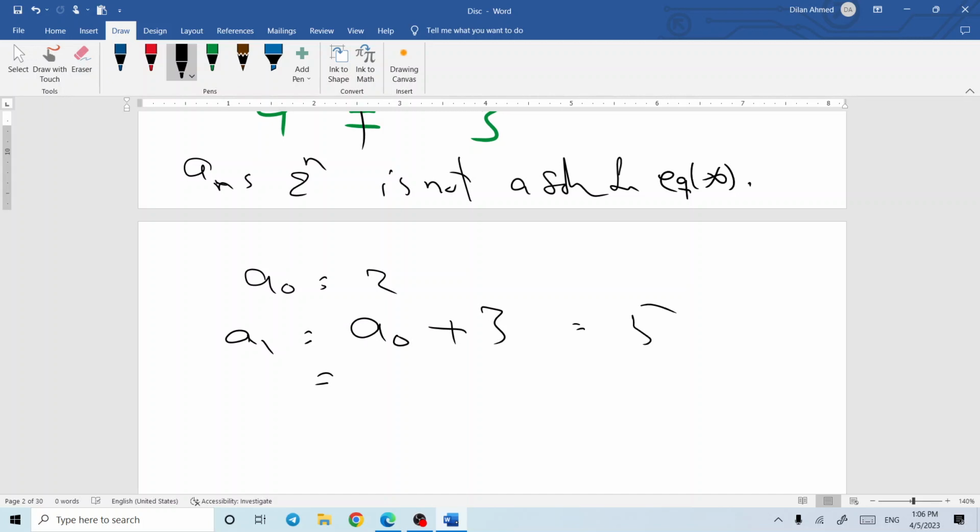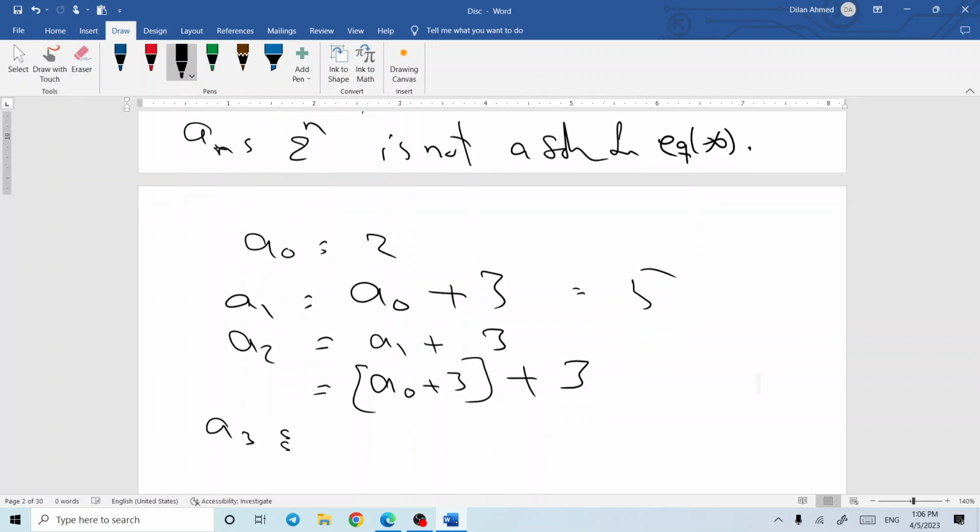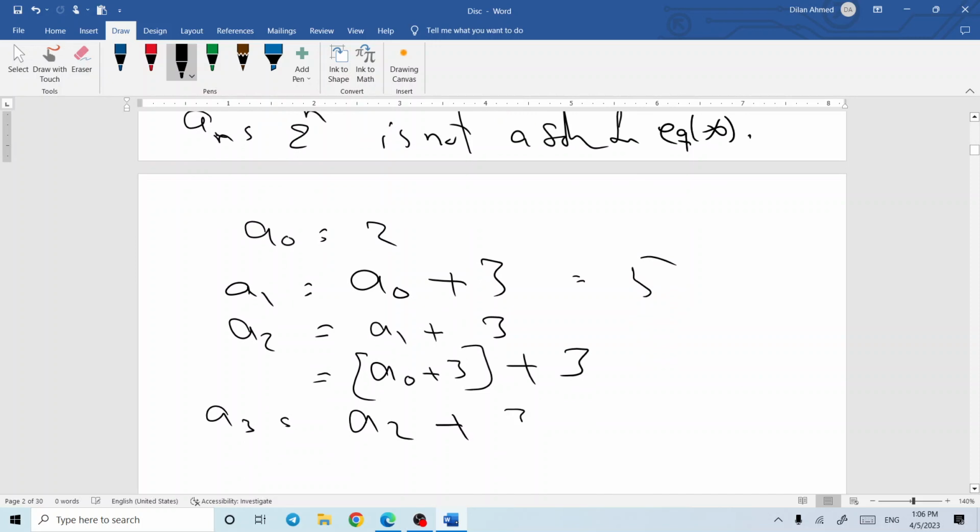Clear? And a_2 equal to what? It is equal to a_1 plus 3, and I can write it down like that: a_0 plus 3 plus 3. Am I right? Why? Because I am using the previous one. How about a_3? a_2 plus 3.